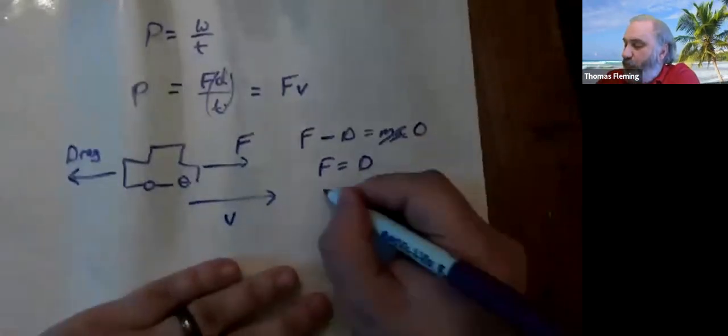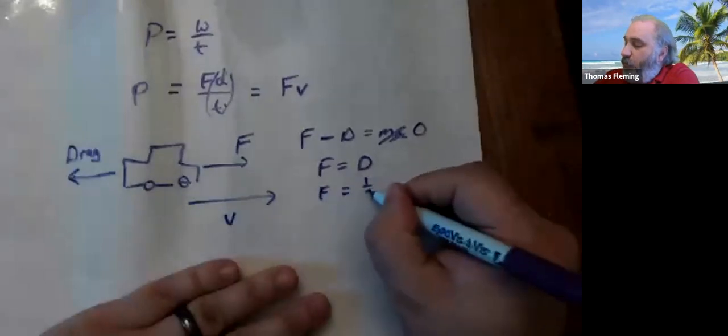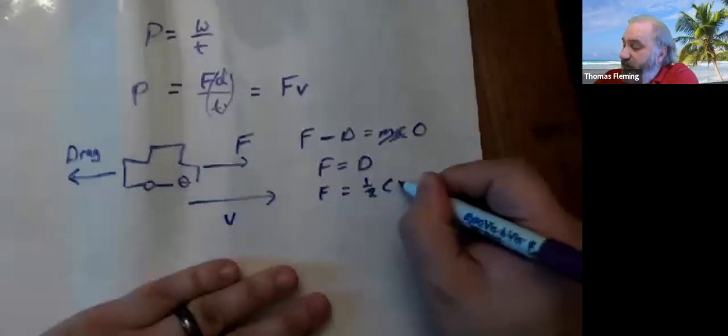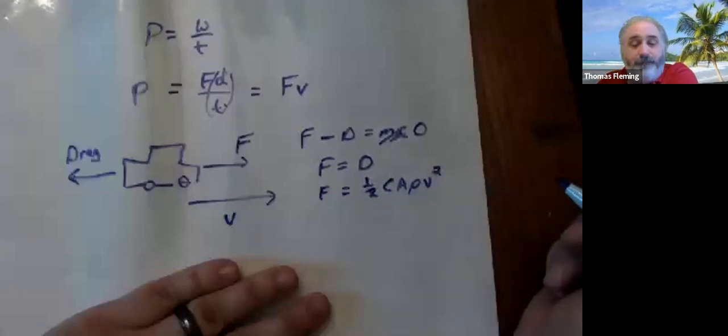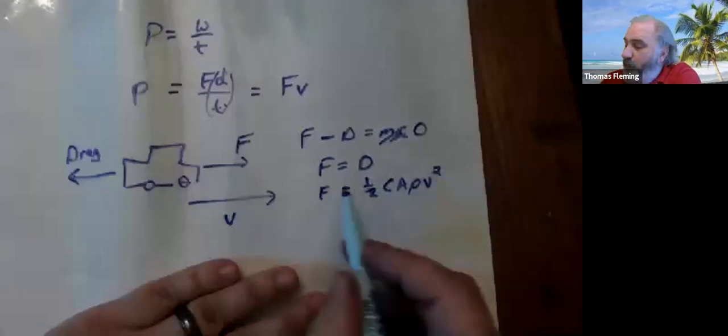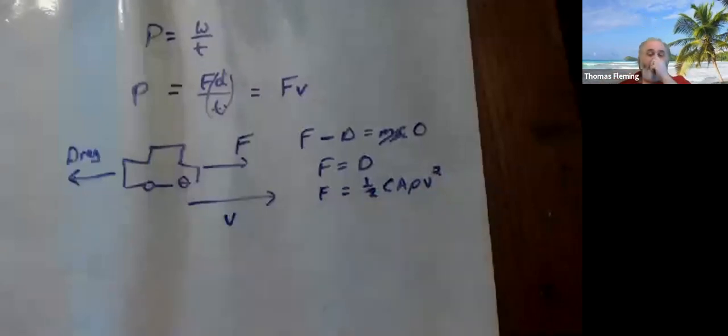And of course, the drag force is equal to 1/2 CA rho times, let's call it V squared. So my car has to provide that amount of force. And what's going to happen is, depending on the engine of my car, it may not be able to provide that much force. And in fact, this tells you why some cars can drive faster than others.